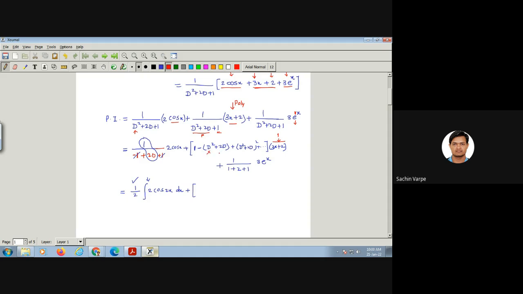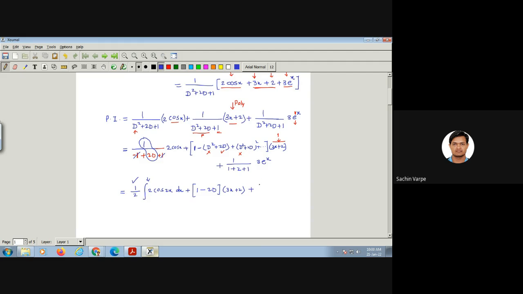This is neglected, this is considered. D square, the whole square, is neglected. Is there any term in the expansion that is in terms of D? No. So the whole term will be neglected, even all further terms will be neglected.